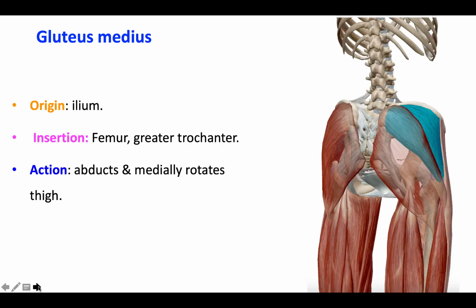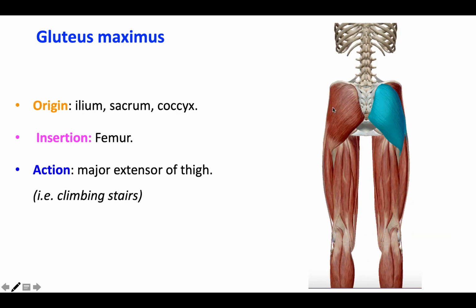Okay, a supportive muscle is the next one. It's the gluteus medius, and you see it here highlighted in blue. Technically, the way they've done it is they've allowed us to see it, but really we can only see part of it when the gluteus maximus is present.